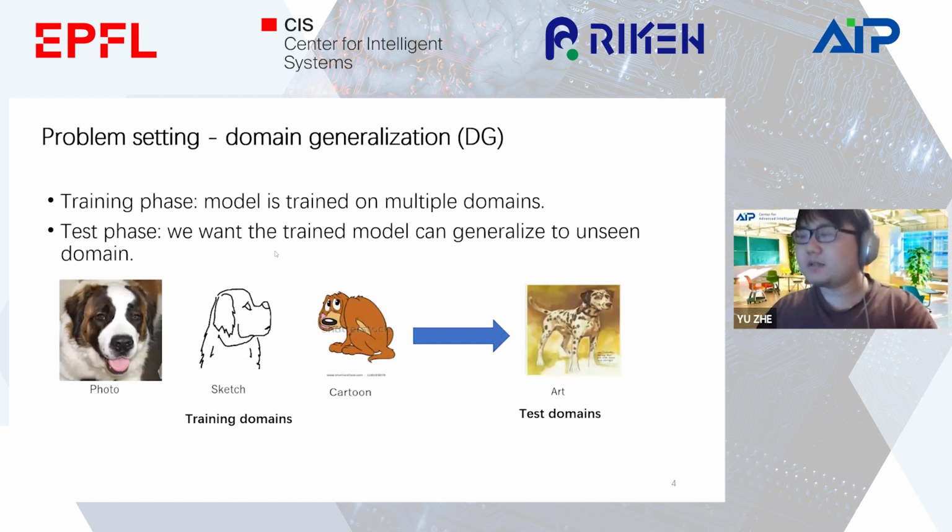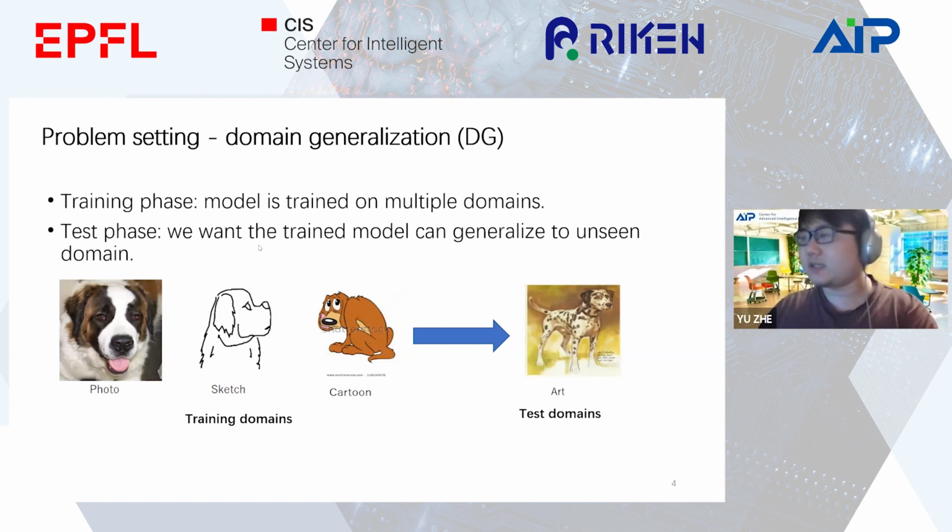In this work, we consider the domain generalization task to improve model performance when the IID assumption doesn't hold. In this setting, in the training phase, the model is trained on multiple domains. For example, in the following pictures, we have 3 domains: photo, sketch, and cartoon.